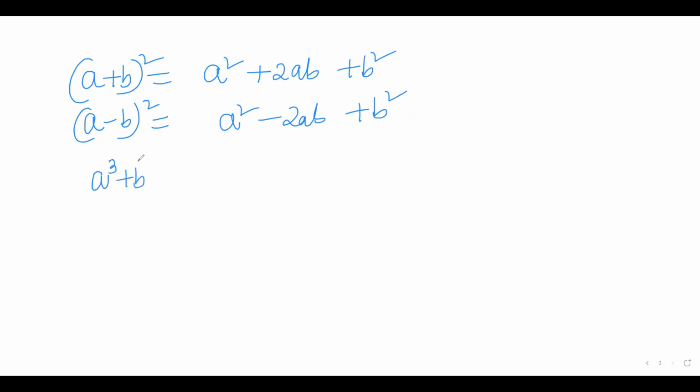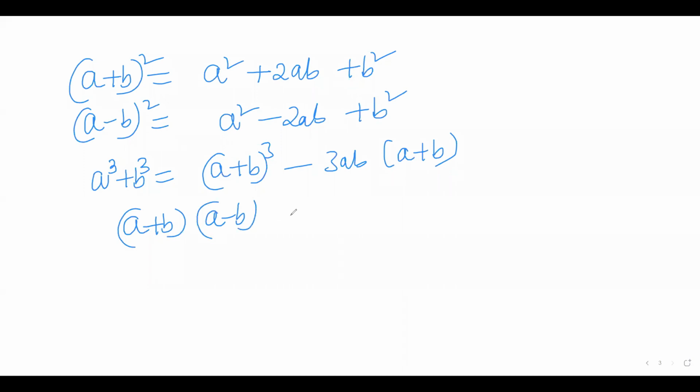A cube plus b cube is equal to a plus b whole cube minus 3ab into a plus b. Sometimes we use this formula. And moreover, a plus b into a minus b is equal to a square minus b square. At many places we use this particular formula.